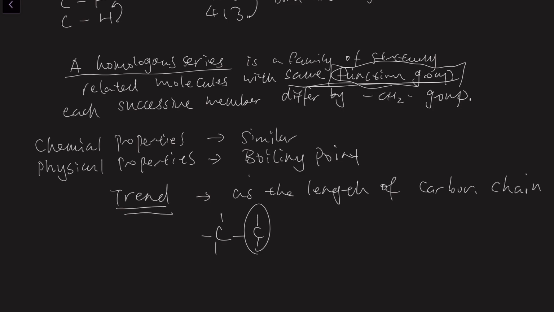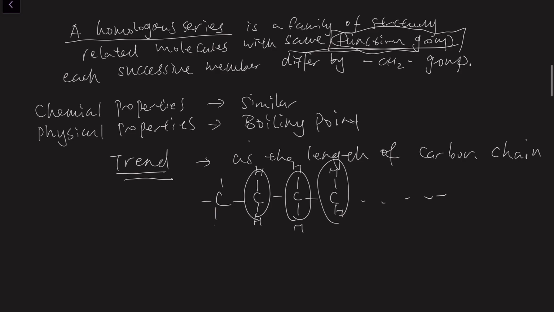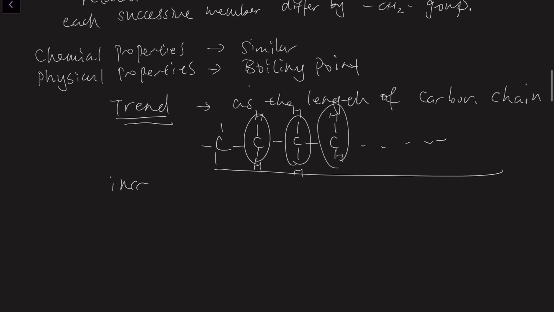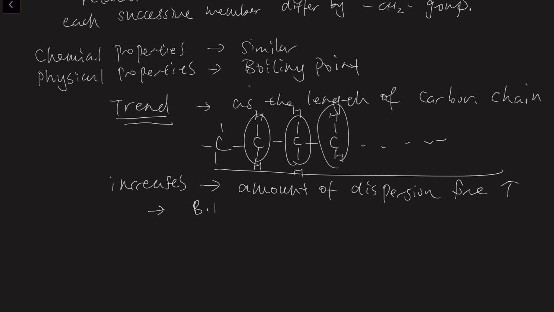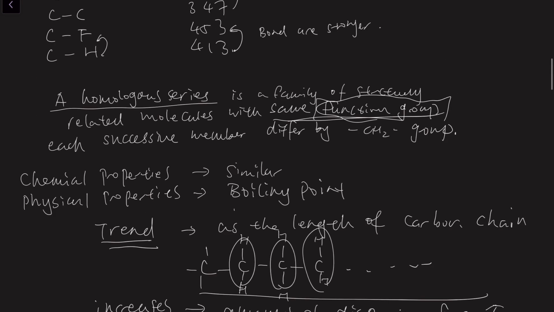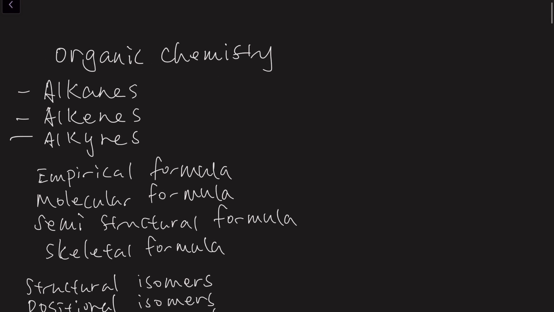So CH2, CH2, CH2, etc. As the length of this carbon chain increases, the amount of dispersion force also increases, and hence the boiling point increases. So this is the trend, and this applies to alkanes, alkenes, and alkynes.